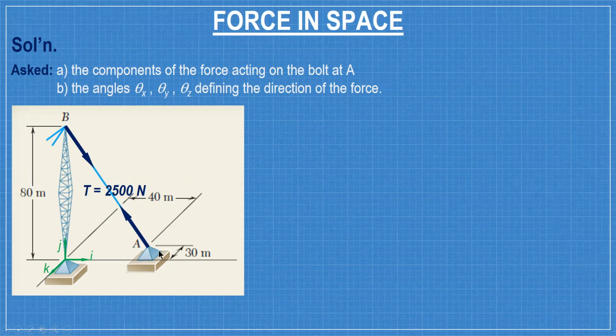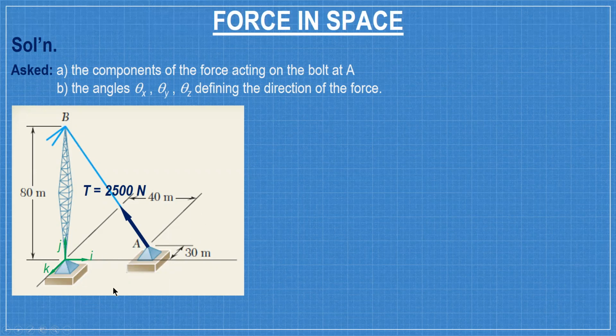So that it will be easier for you to determine the components, my suggestion for the distances is as if you travel from point A to B. And the condition is that every time you move, it's either you move along the axis or parallel sa axis. Dili pwede na mo create ka og another axis. Parallel lang sa XYZ or along XYZ.